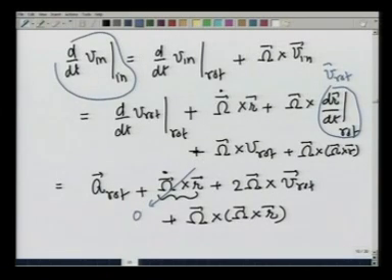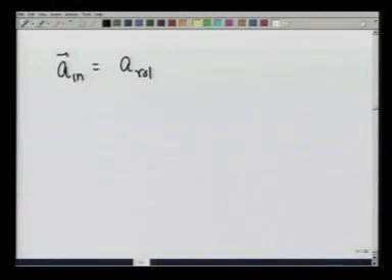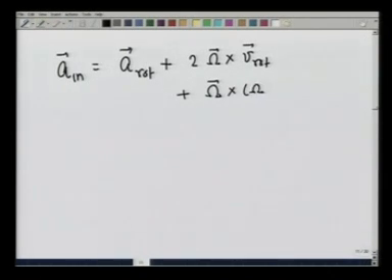the acceleration in the inertial frame as the acceleration in the rotating frame, that means the change of v as observed in the rotating frame, plus 2 omega cross v rotation, plus omega cross omega cross r.